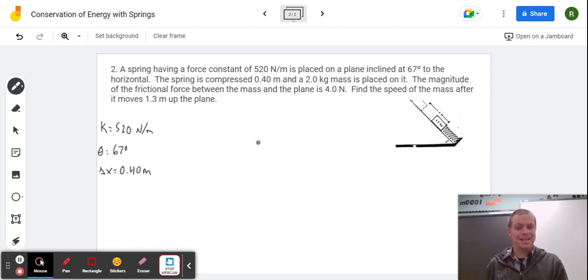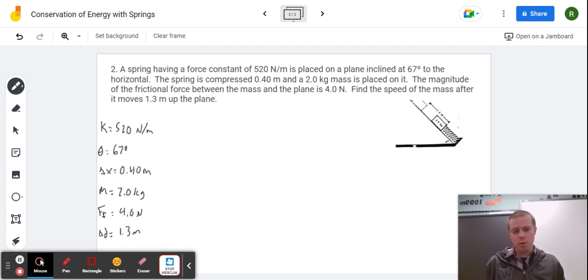And a 2 kilogram mass is placed on it. The magnitude of the frictional force between the mass and the plane is 4 newtons. Find the speed of the mass after it moves 1.3 meters up the plane.